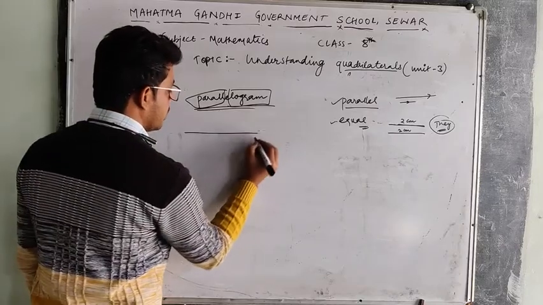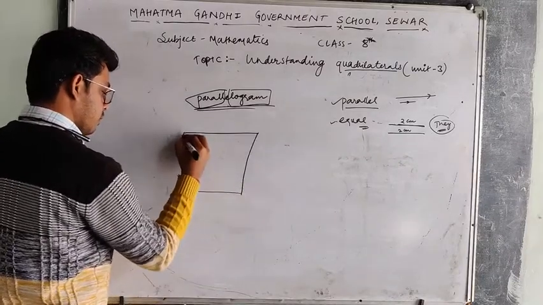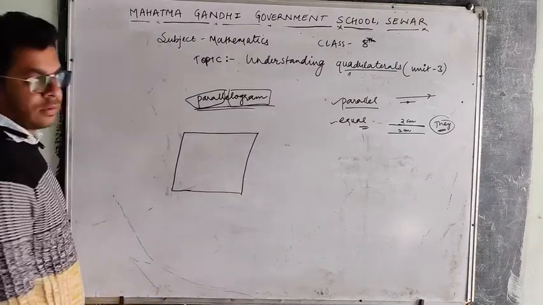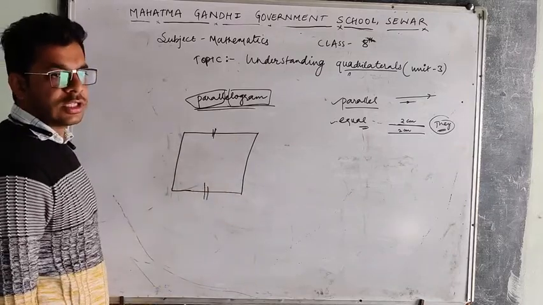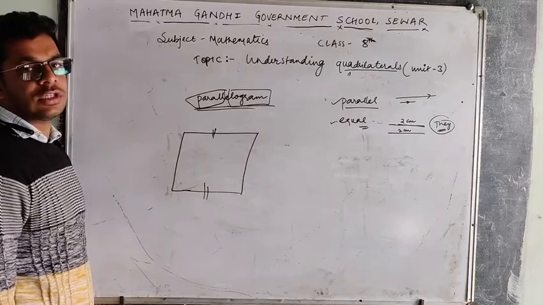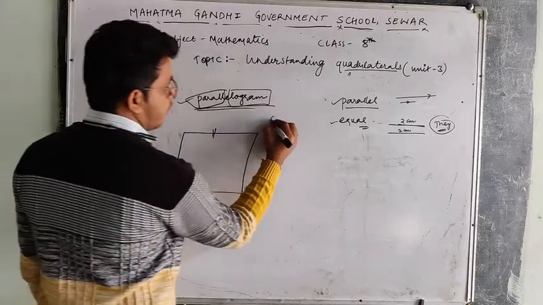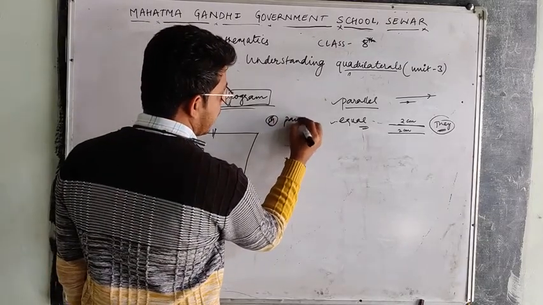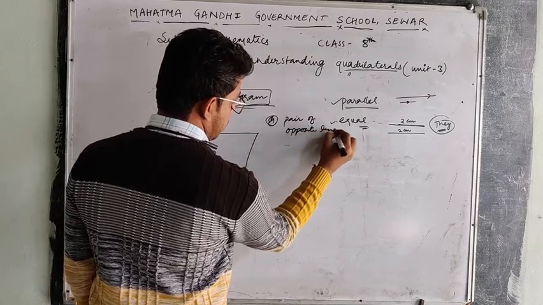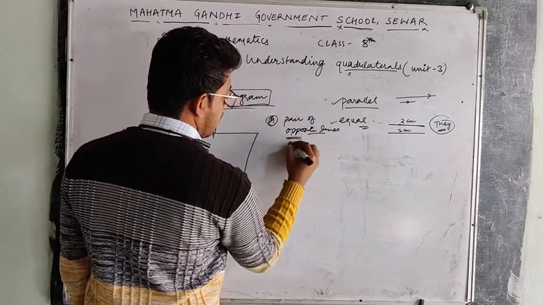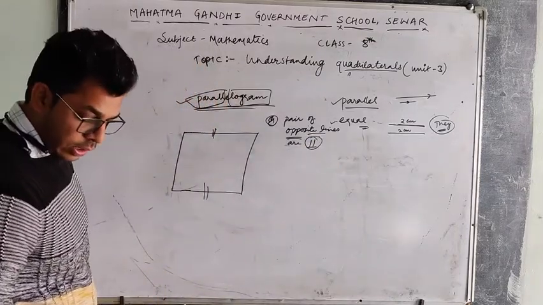If I draw a structure, these lines are parallel. A structure in which a pair of opposite lines are parallel is called a parallelogram.